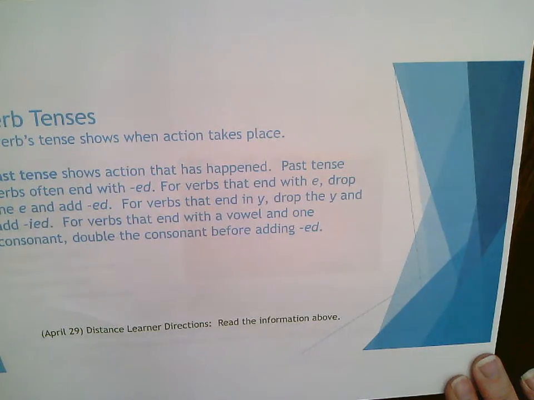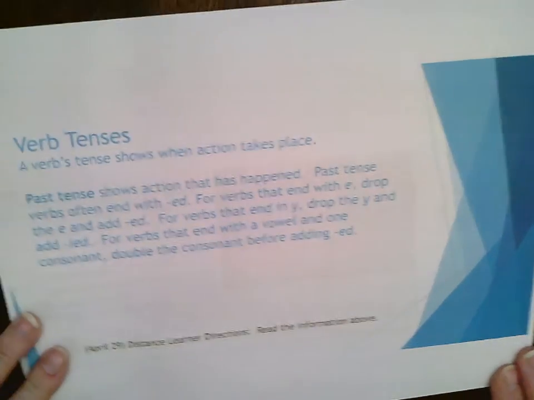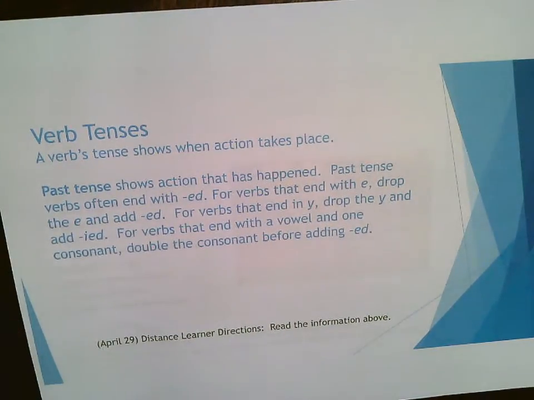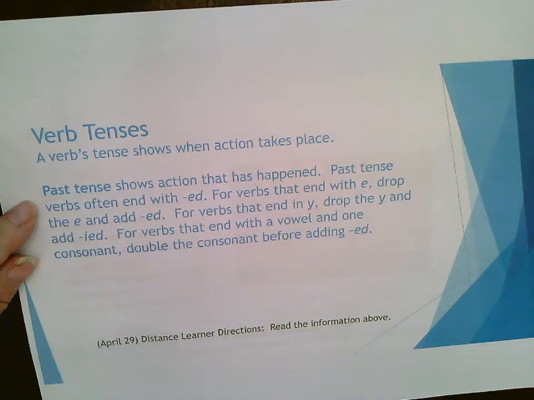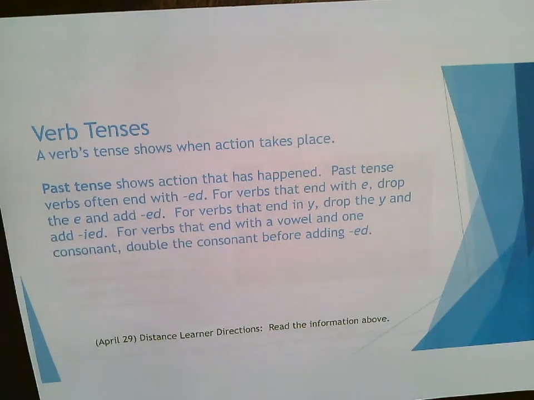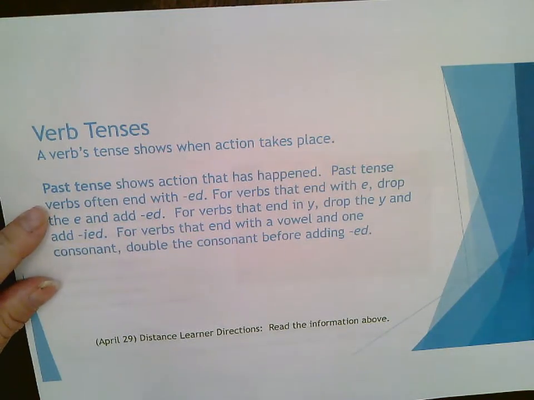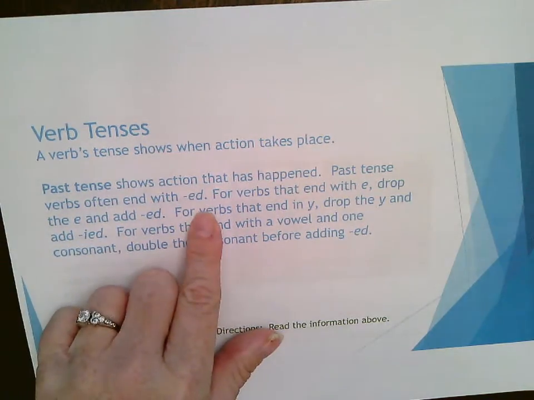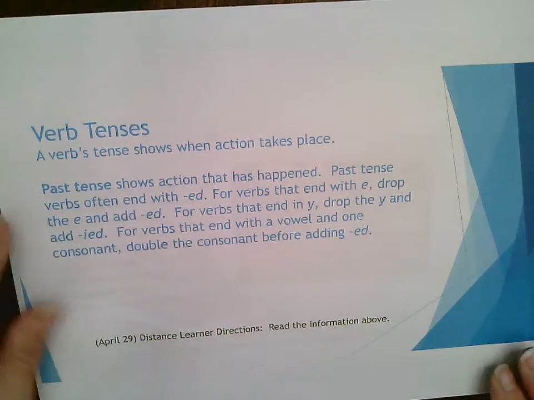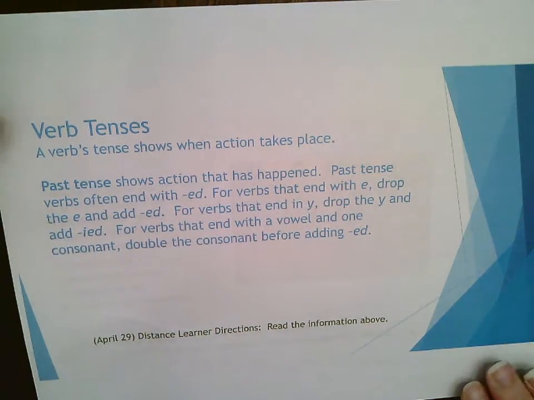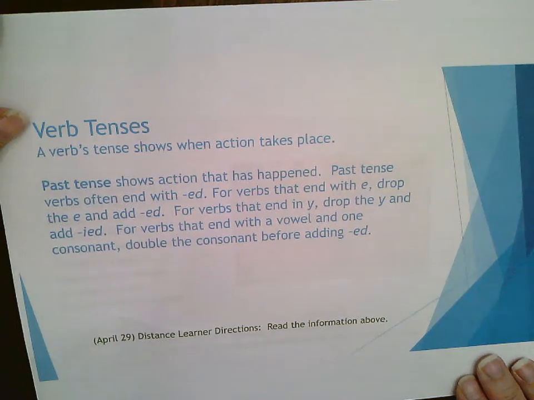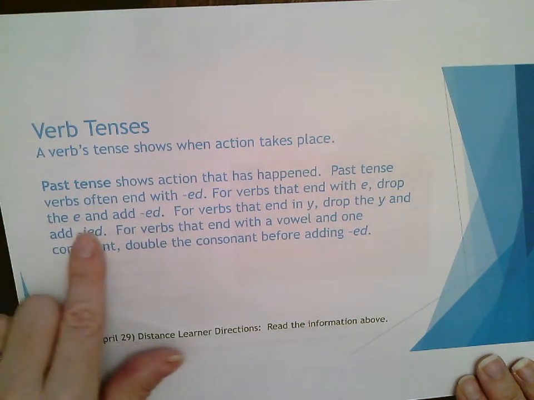Today we're going to look more closely at past tense though. When a verb is in the past tense, it shows action or something that's already happened. And the way that we spell past tense verbs, we usually put on the suffix ending ed. For a verb that ends with an e, you would drop that e and then add your ed.